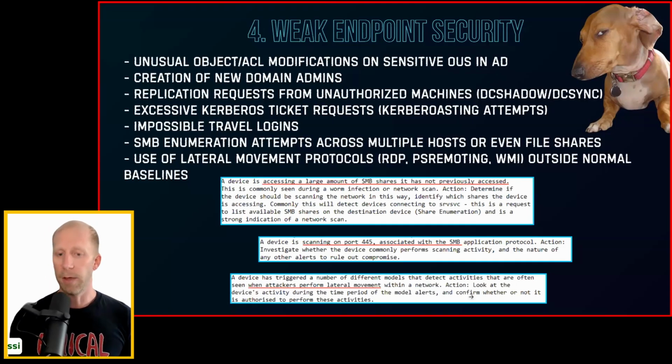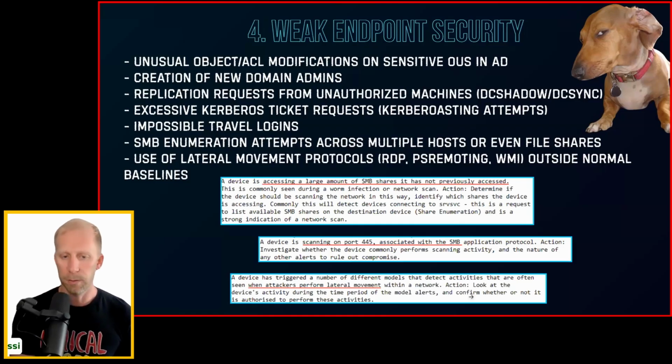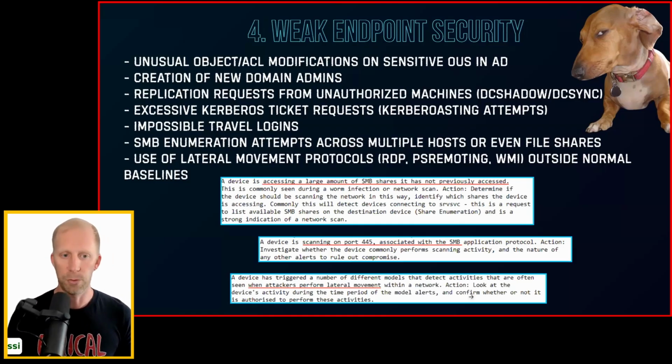If you're scanning for SMB shares or if you're enumerating the files within an SMB share, which is very common, those are all things that have a certain amount of detection surface, if you will, to use a fancy term, that are very, very straightforward to detect if you have the right tools in place.